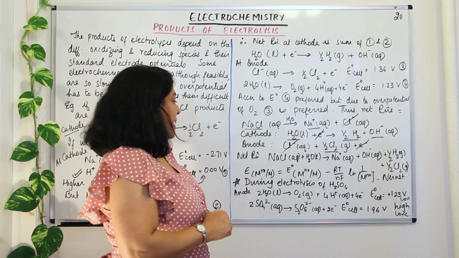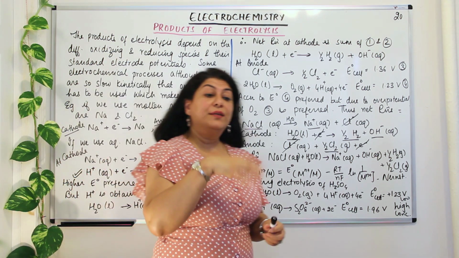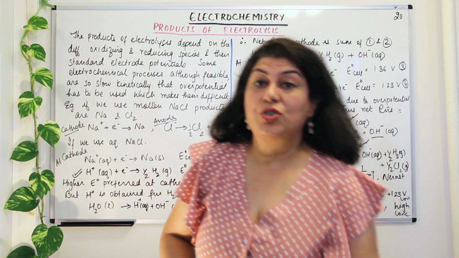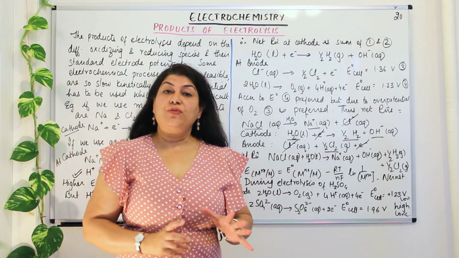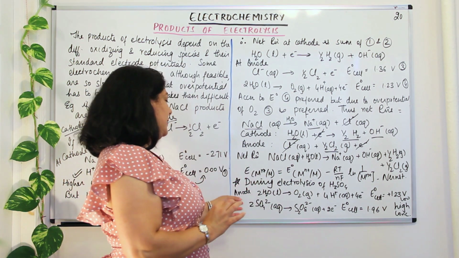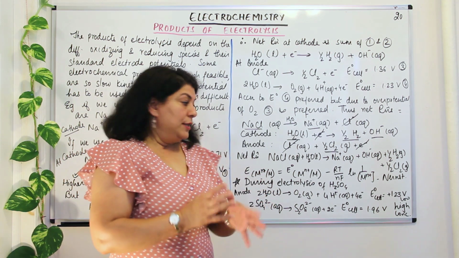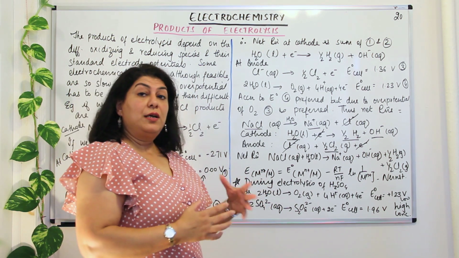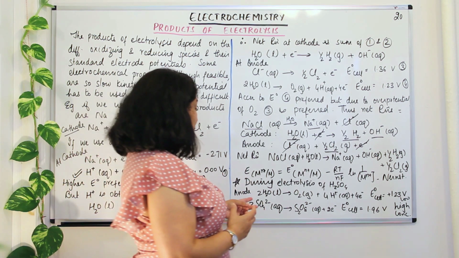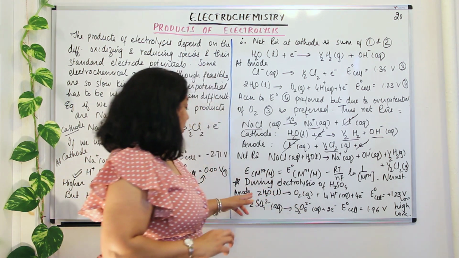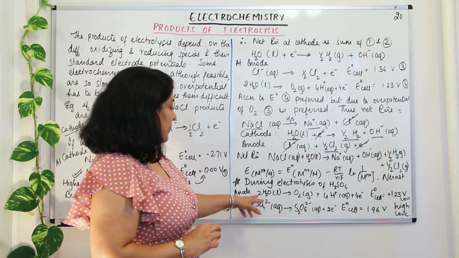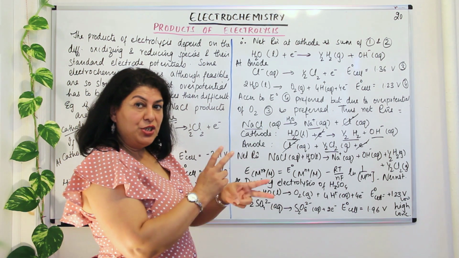Now there's one more example which gives you an idea of how other factors may affect the products of electrolysis. During the electrolysis of H2SO4, we just take the reaction at the anode. There is a competition. You're carrying out the electrolysis of H2SO4 dissolved in water, so it is a solution in water. At the anode there is a possibility of two reactions.